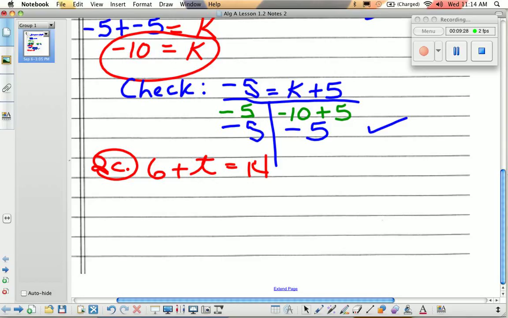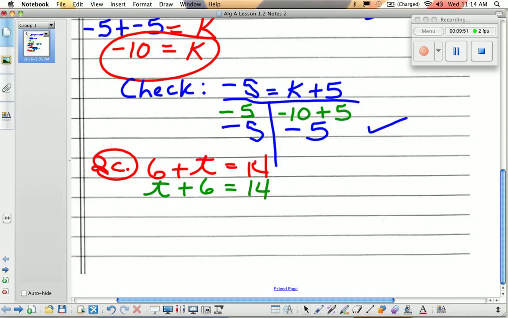What can we do? We can switch the pieces around. Let's just do that so that it maybe looks a little friendlier to work with, and you might say, oh, now I think I know what I should do. When it's addition, we can have them trade places. Only when it's addition, though, not subtraction.